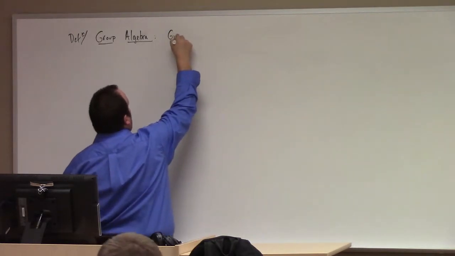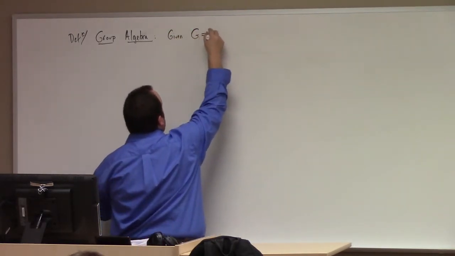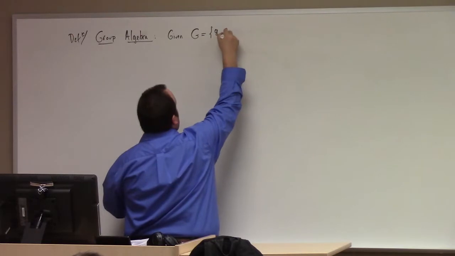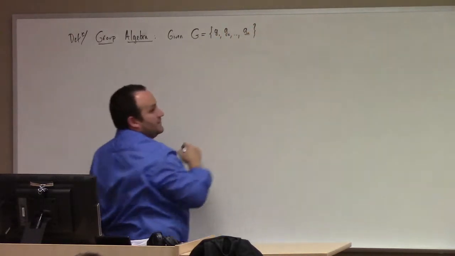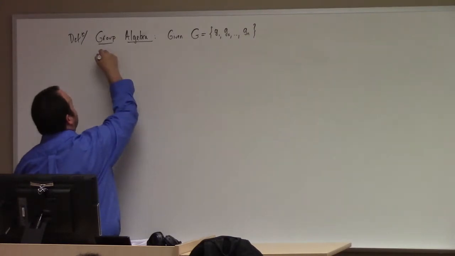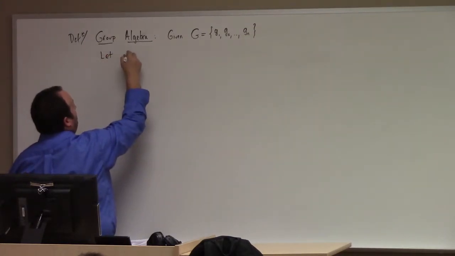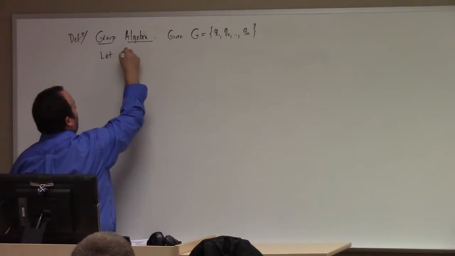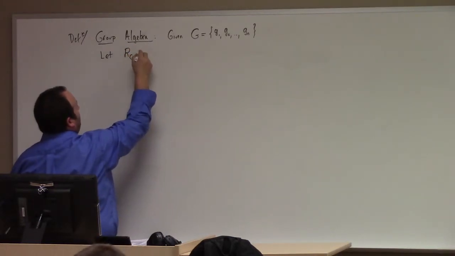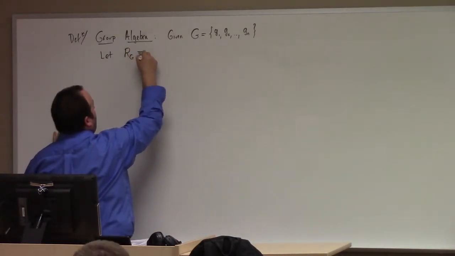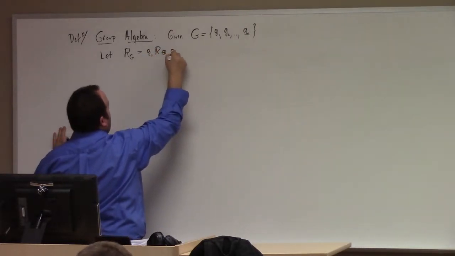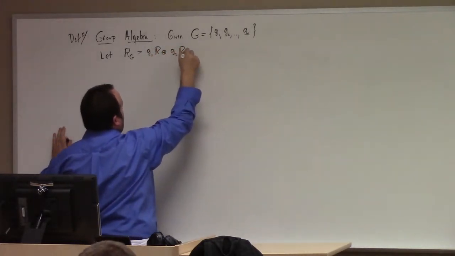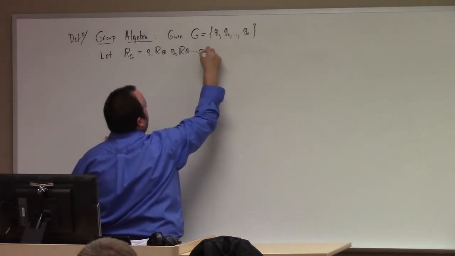Given G, which is a finite group, you let R sub G be basically G1R direct sum G2R direct sum up to GNR.